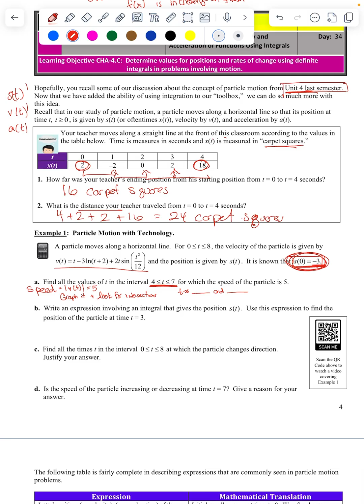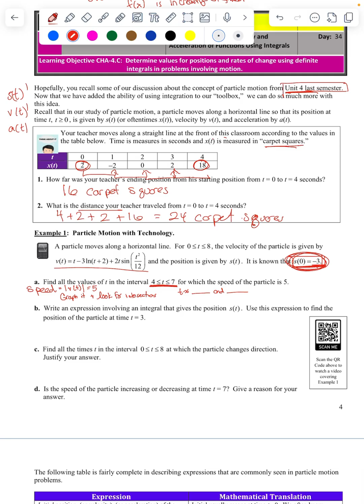Now, if you recall, when you solve for the position function, you're going to be integrating the velocity function.